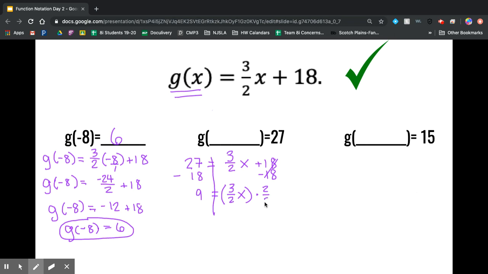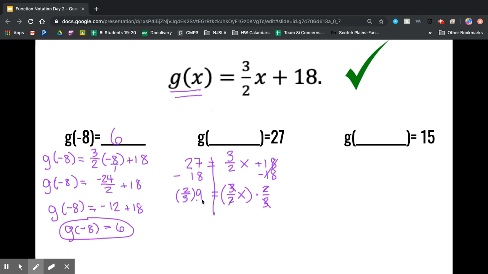That's kind of an old skill. That just means we want to multiply by the flipped version of this fraction. And that would let us cancel out the 3 and cancel out the 2's. And whatever I do to one side, I also have to do to the other. So over here, I'm also going to multiply by 2/3.